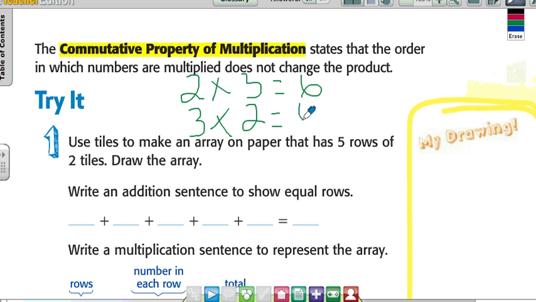The product is the answer to a multiplication problem. Okay, so I can have 2 times 3 or 3 times 2. It's still going to be 6, right?